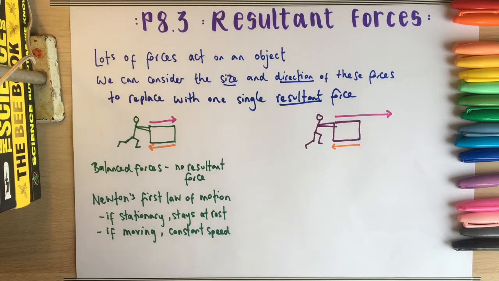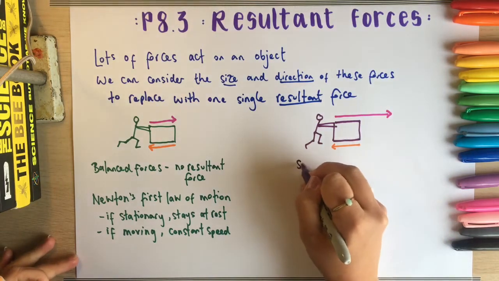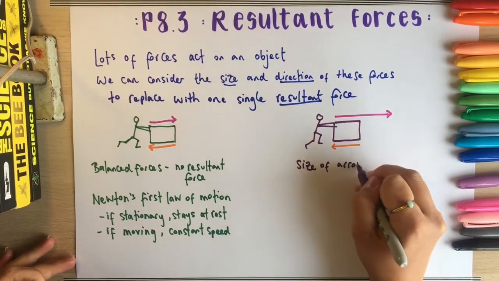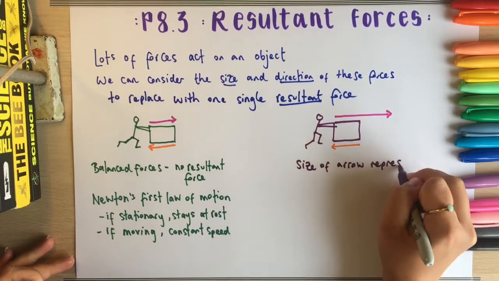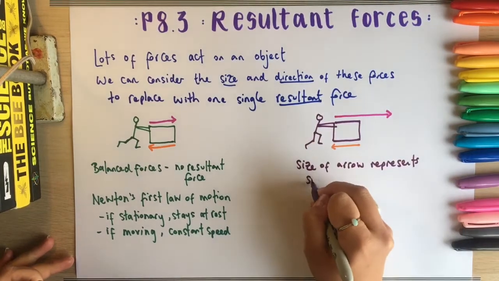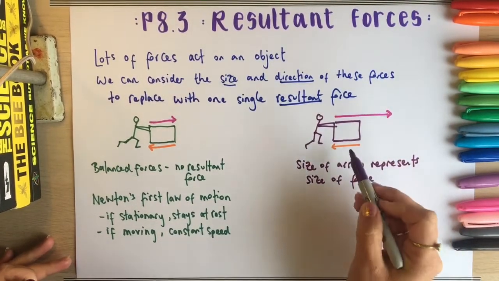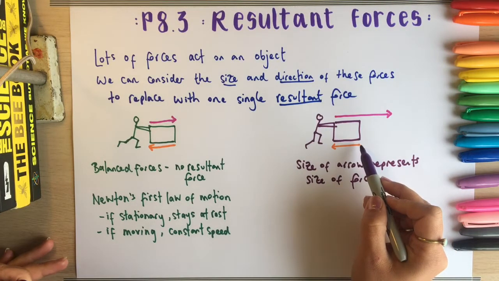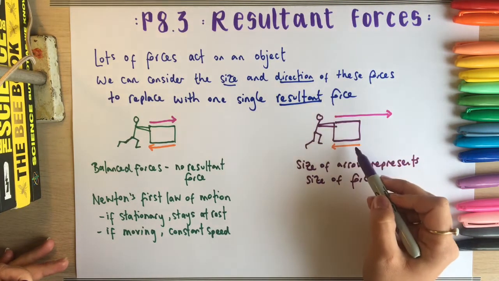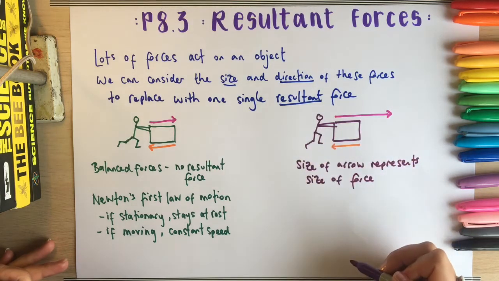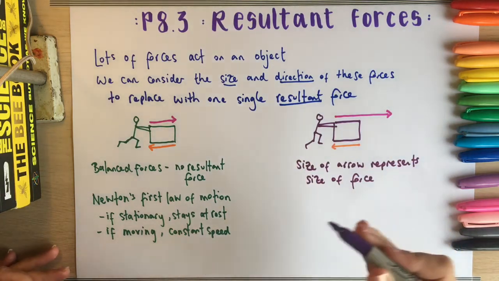So for this, because the size of the arrow represents the size of the force, we can see that, and they're in opposite directions, therefore it's going to be the difference between these two sizes that is the resultant force.